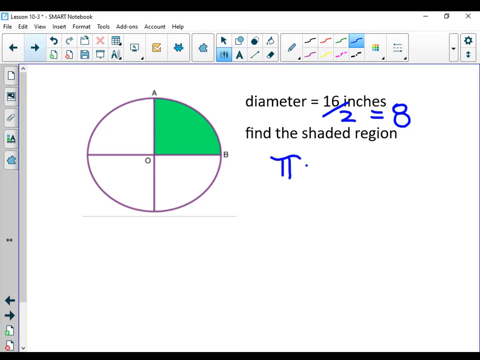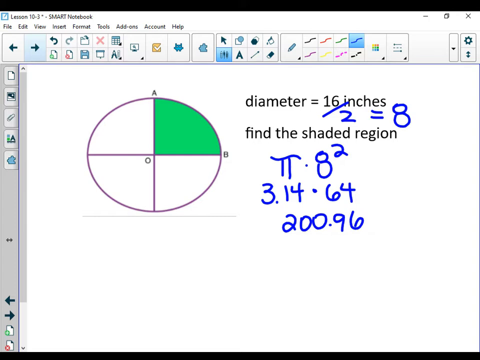If the entire circle was green, 8 squared is 64 times 3.14. If the whole thing was green, it would be 200.96.